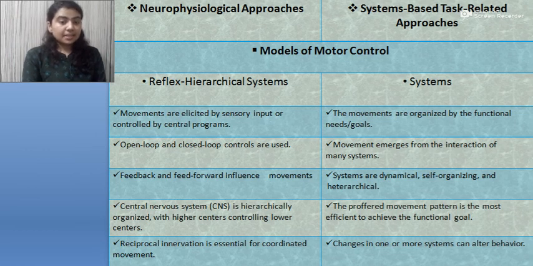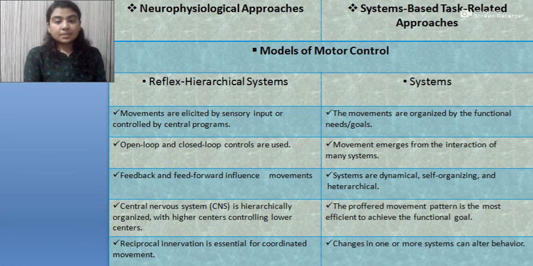Fourth, the CNS is hierarchically organized, with the higher centers, that is the cerebral cortex, controlling the lower centers. And finally, reciprocal innervation is essential for coordinated movement. So while the agonist is contracting, the antagonist must be relaxed. That is, reciprocal innervation is essential for coordinated movement.